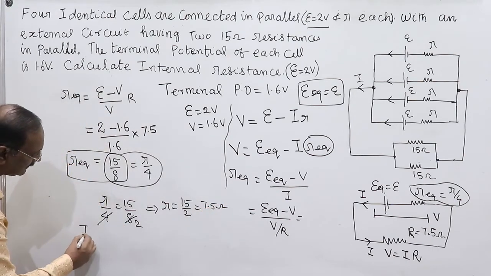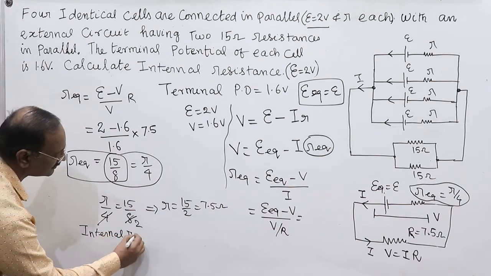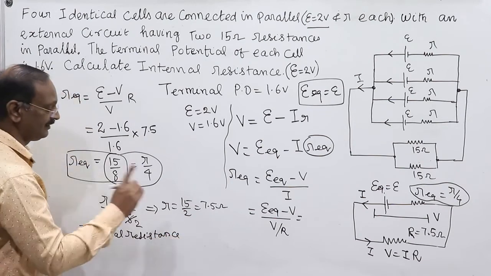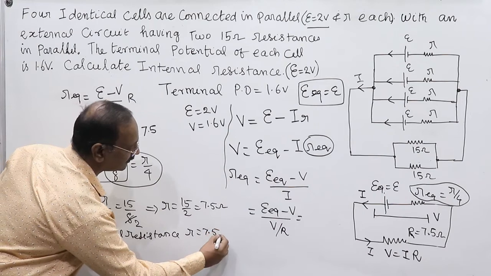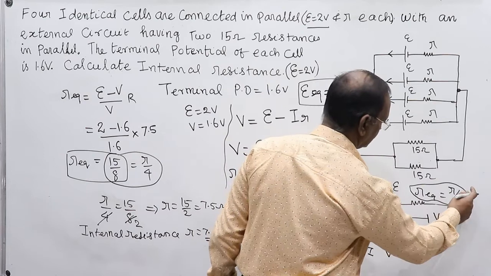Therefore, the internal resistance of each cell is equal to R, which is equal to 7.5 ohm. So this is equal to R by 4, R is equal to 7.5.